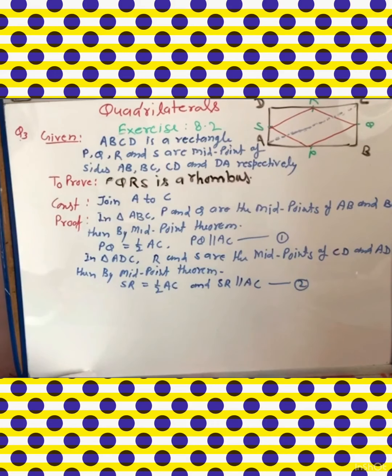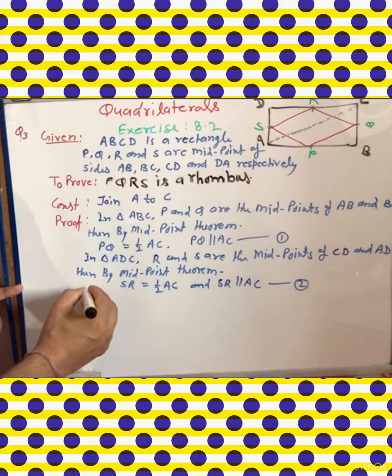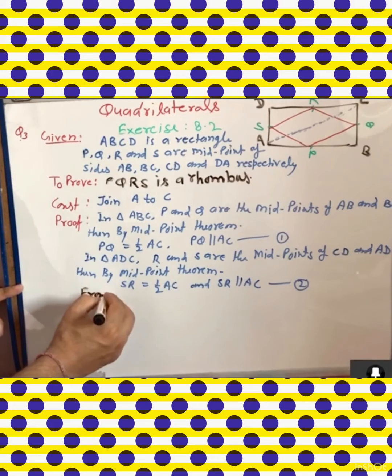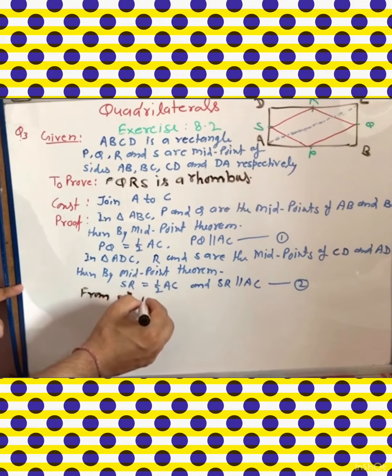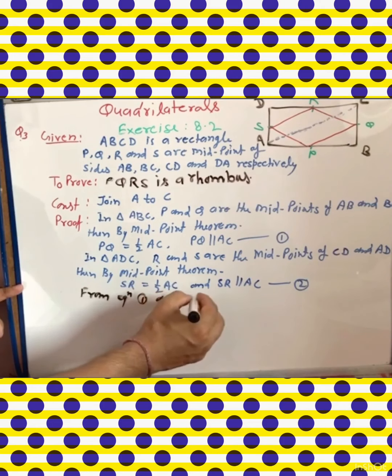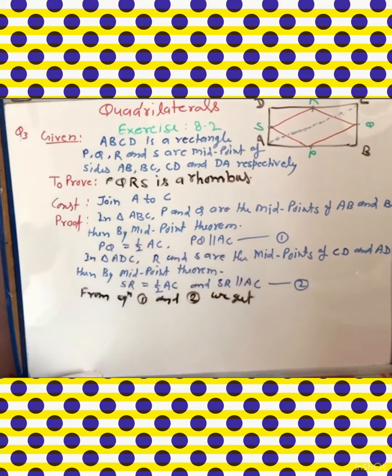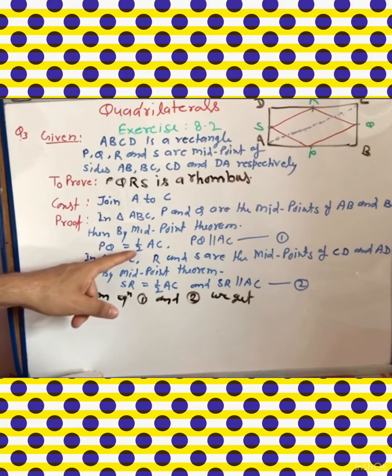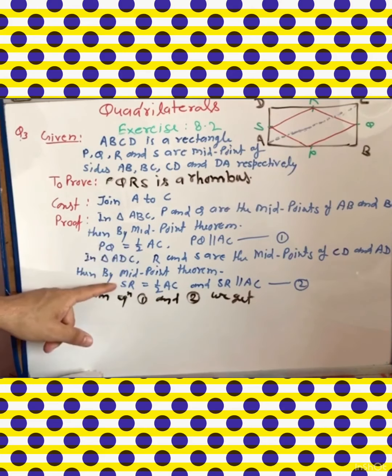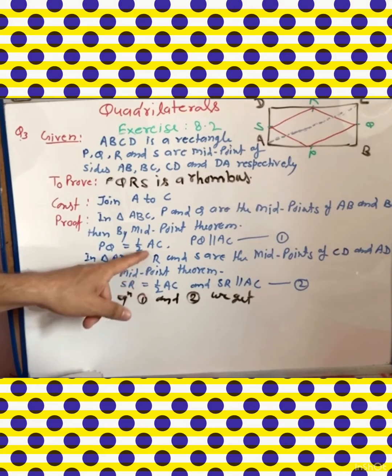Now you will use these two equations for the result. You will write here from equation first and second, we get the conclusion PQ equal to half of AC and SR equal to half of AC. So right hand side is same.